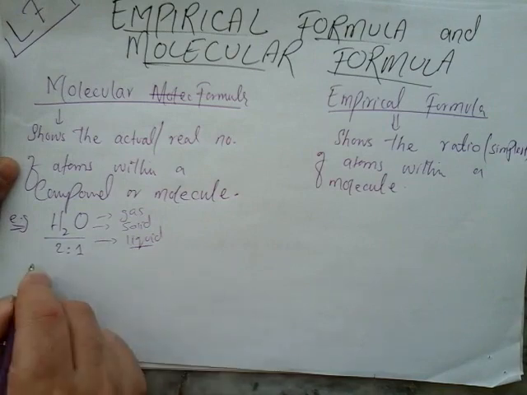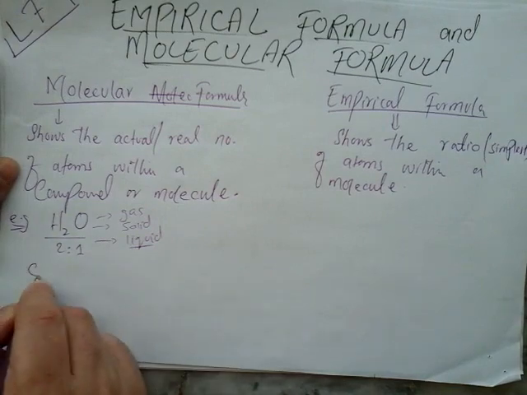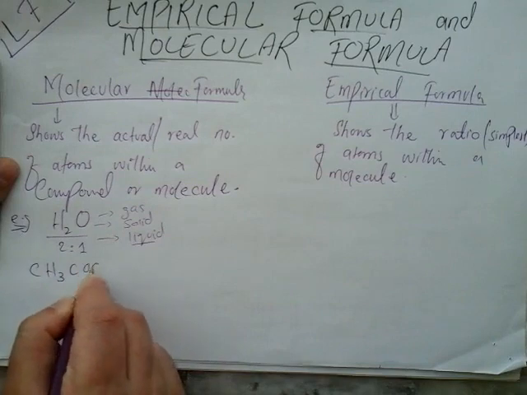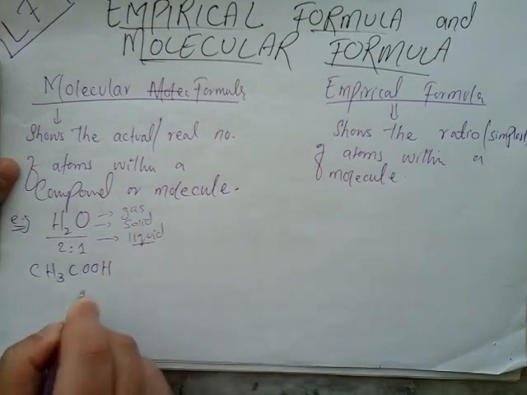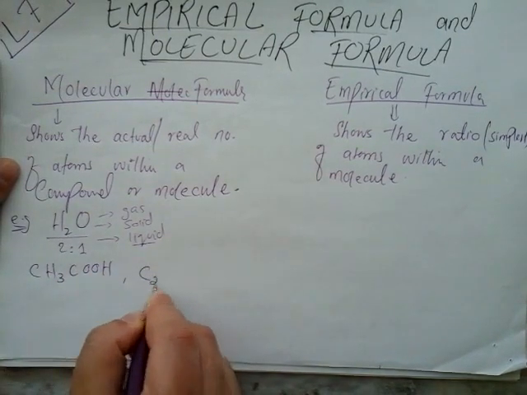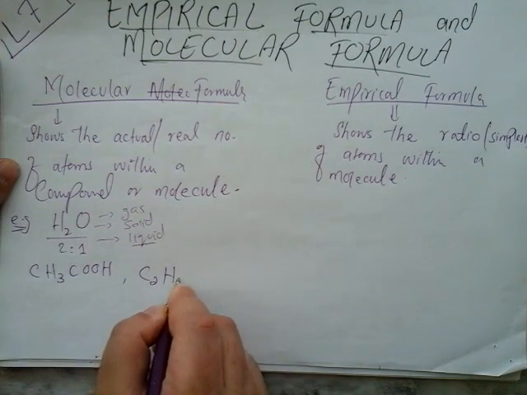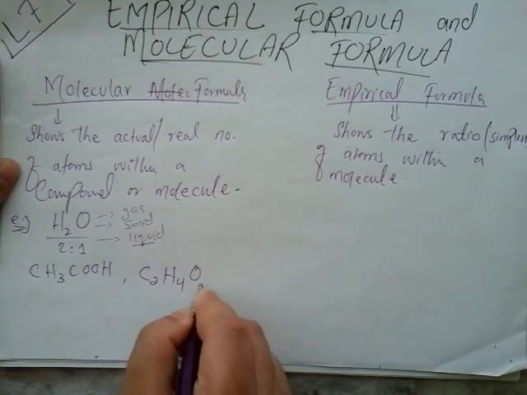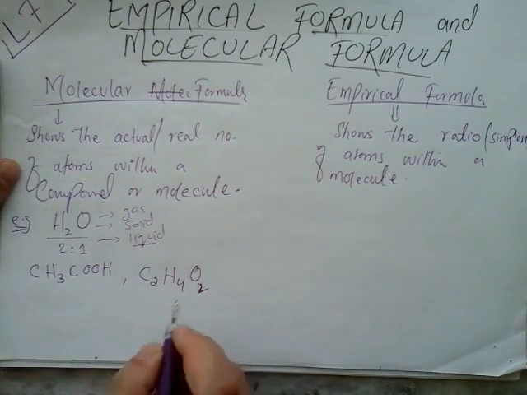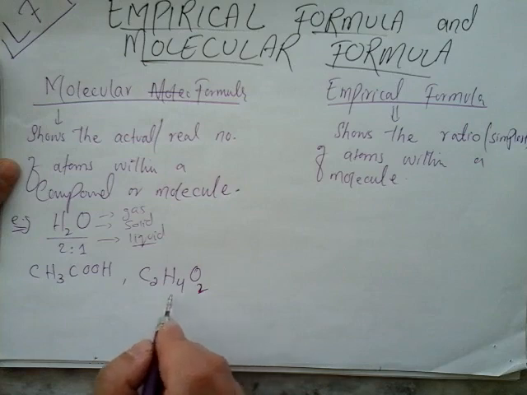For example, the molecular formula of CH3COOH, acetic acid. We can also write this as C2H4O2. It shows the actual number of atoms within the compound.